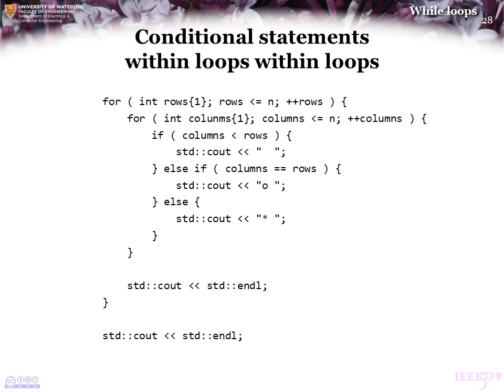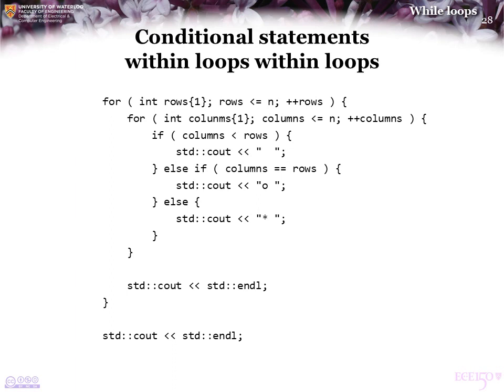So now we're back to the inner and outer loops going from 1 to n. However, inside the inner loop, we will now have a cascading conditional statement. So first we check. If columns is less than rows, we're below the diagonal, and therefore we will simply print two spaces. If columns equals rows, that indicates we are on the diagonal, and so we will print a string containing an O and a space.